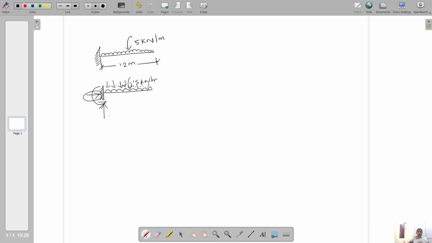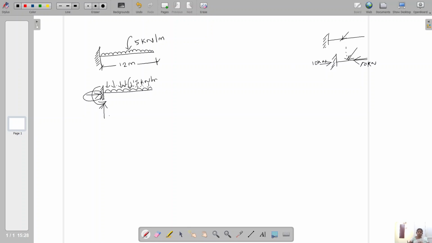If some beam section is subjected to an inclined loading, you can resolve this load into two components, one vertical and one horizontal. Then there will be an equal and opposite force of the same magnitude. For example, if you take 10 kilonewton of horizontal load, you will get the same 10 kilonewton in the opposite direction as a reaction.